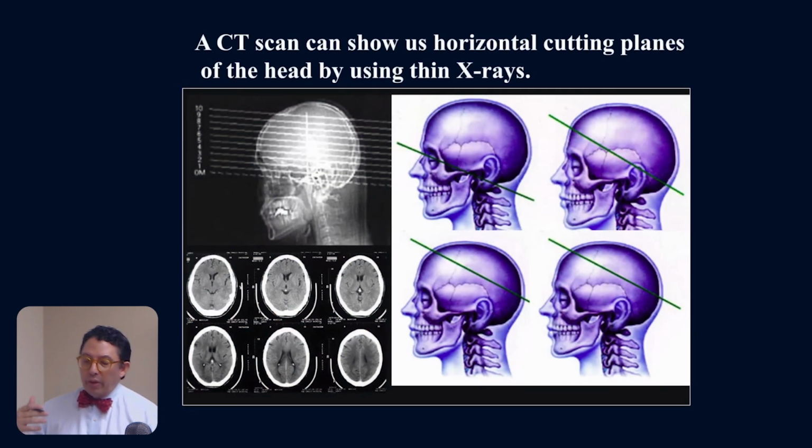So CTs initially could only do axial planes. That was kind of a limitation of it. If you put the body inside of the scanner, and the tube was going to rotate around the body, you could only do axial studies of it. So that in the past was the only way to do it. But nowadays, technology has improved so much that the volume elements that we're receiving from the scanner can have the same depth, width, and height.